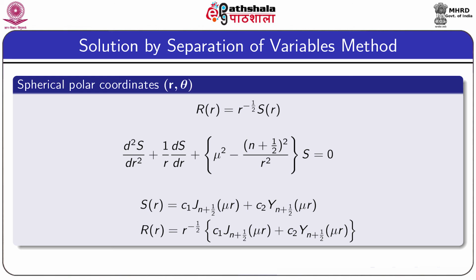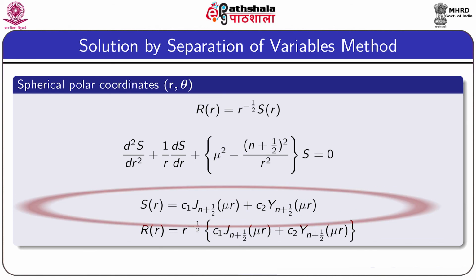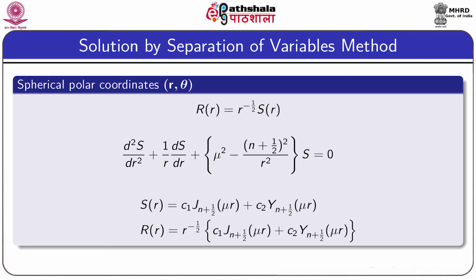So, the solution can be written as S is equal to C1 J n plus half of mu r plus C2 Y n plus half of mu r, where J and Y are Bessel functions of order n plus half, of the first kind and second kind respectively.